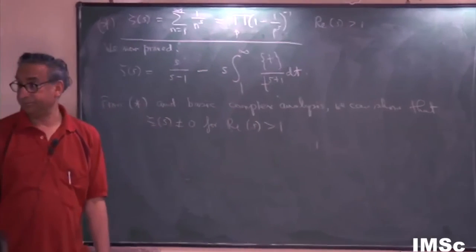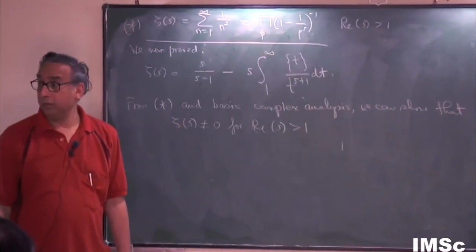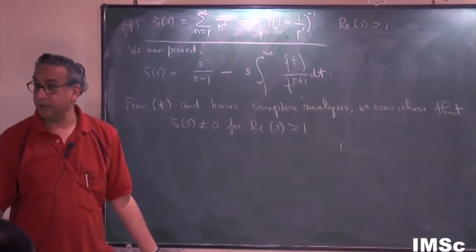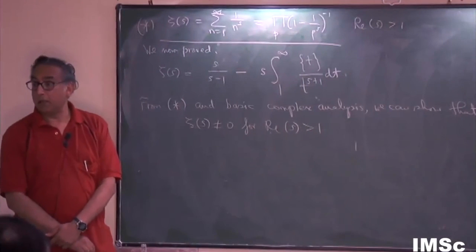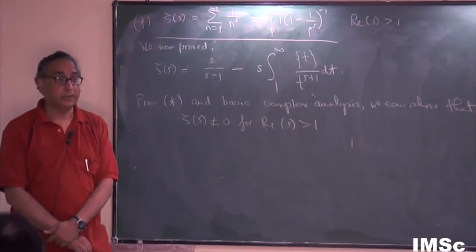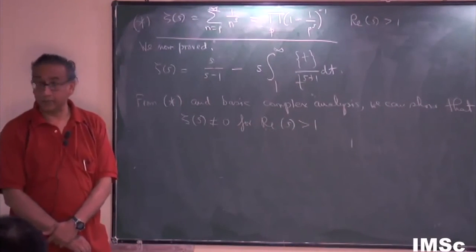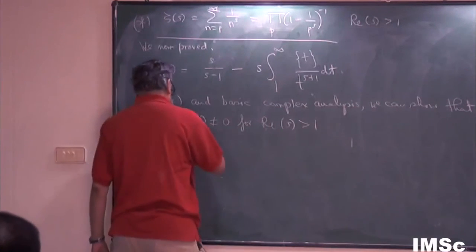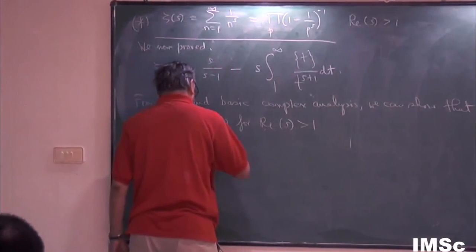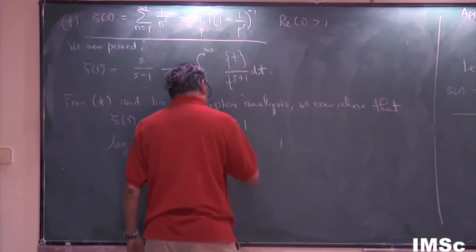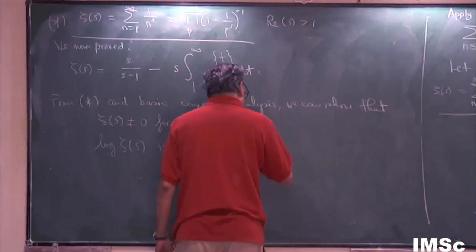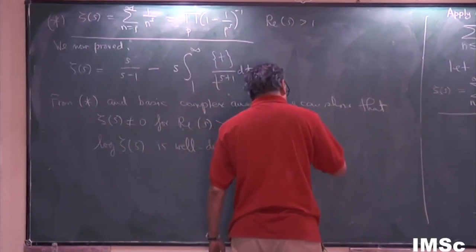Non-vanishing. So zeta of s is non-vanishing in this particular half plane. Therefore, I can consider its logarithm, and it will be a well-defined analytic function in that region. So log zeta s is well-defined as an analytic function in this region.